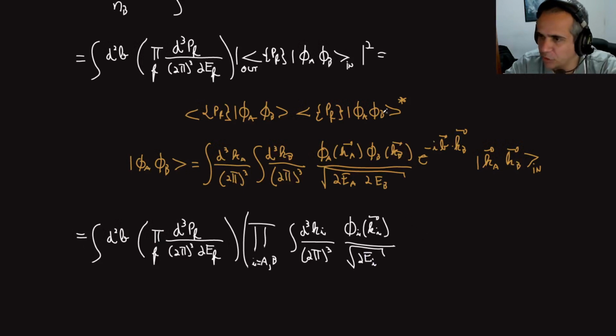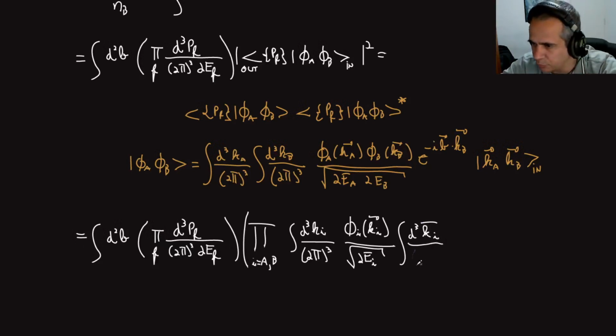And I have another one for this part, right? I have the same expression. I'm still missing the exponential. I put that in the end, but it's the same expression again. But now I'll just call d3ki bar. So this bar indicates the ki, ka, and kb for this complex conjugate part. I have the 2 pi cubed again.